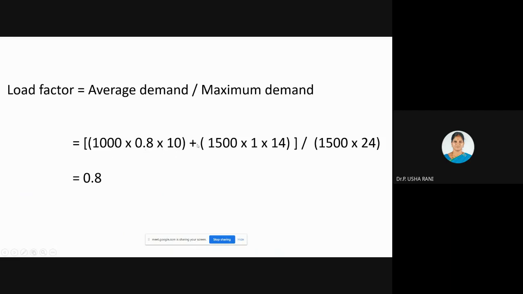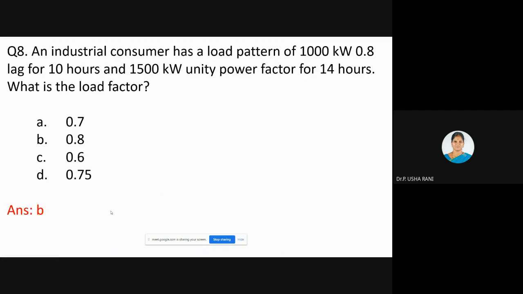You multiply this and add it to the other load of 1500 kilowatt at unity power factor 1 for the duration of 14 hours. That is your total average demand, divided by maximum demand. Maximum demand in the two loads is 1500. Dividing your average demand by maximum demand, your answer is 0.8. So option B is the correct answer.